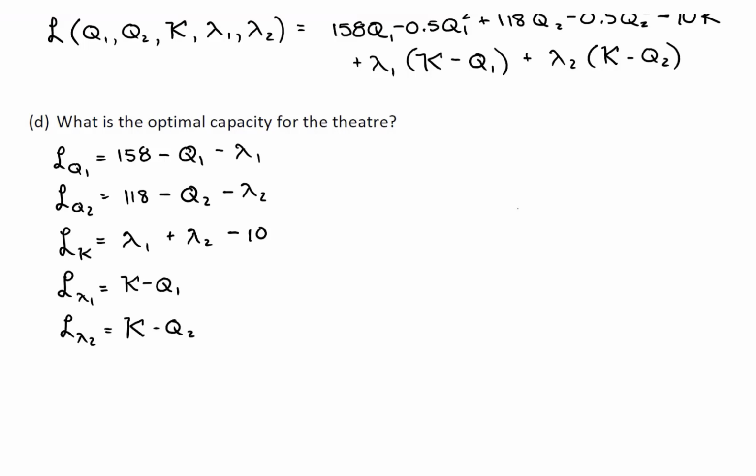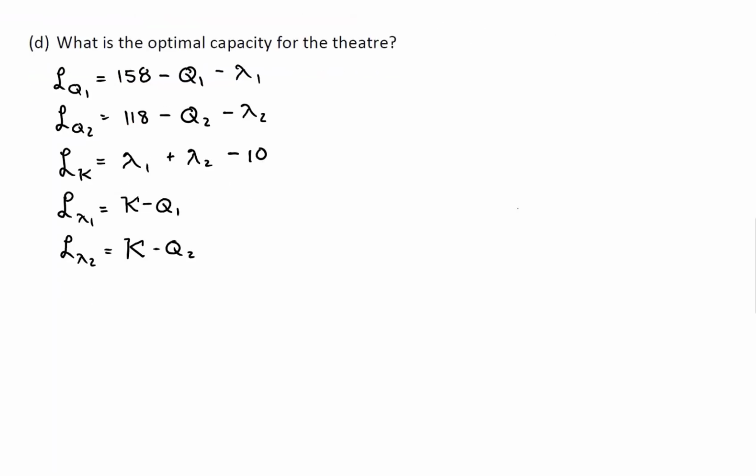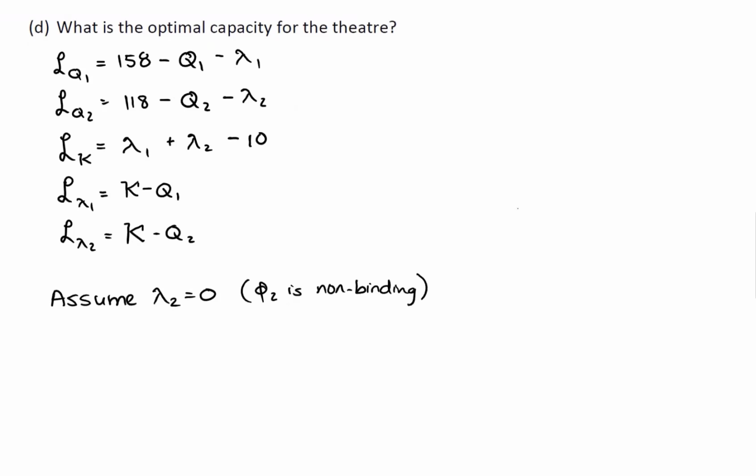We just have a third variable to contend with now. So we're going to start by assuming lambda 2 is equal to 0, that constraint 2 is non-binding. So assuming lambda 2 is equal to 0, my lambda 2 here will be 0, this will be 0, and the derivative with respect to lambda 2 would also be non-existent.